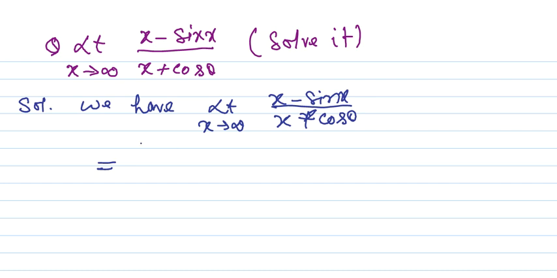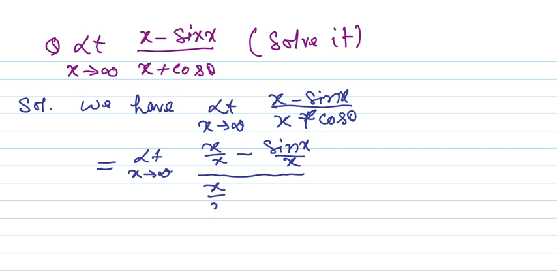We write it like this: limit x tends to infinity, dividing numerator and denominator by x, (x by x minus sin x by x) upon (x by x plus cos x by x).